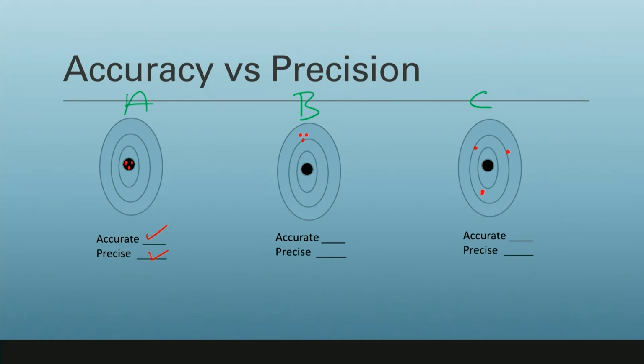On dartboard B, the 3 dots are up here, and those 3 dots are close to each other, so that tells me there is precision. And then in terms of accuracy, they are not close to the bullseye, so therefore it is not accurate. On dartboard C, we have 3 different darts landed all over the place, so they would be not accurate and not precise. The first one, maybe we'll call that beginner's luck.